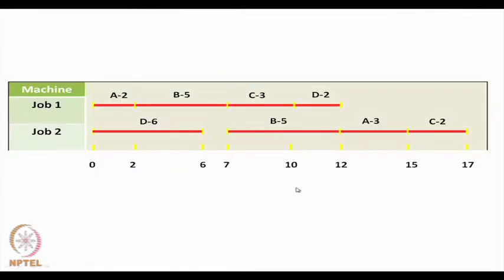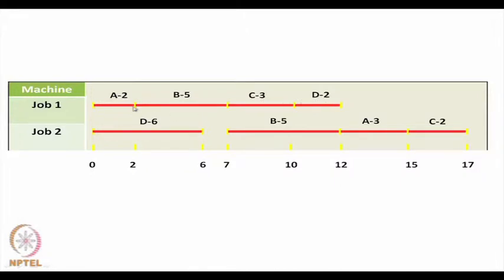Now, for the solution that we have given, this is the Gantt chart, and here it shows job 1 and 2 and how they are loaded. Job 1 is working on machine A, this is sequence A, B, C and D. Machine A takes 2 hours, machine B 5 hours, machine C 3 hours, machine D 2 hours.